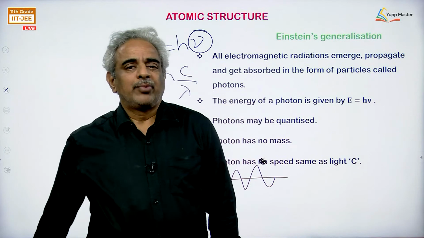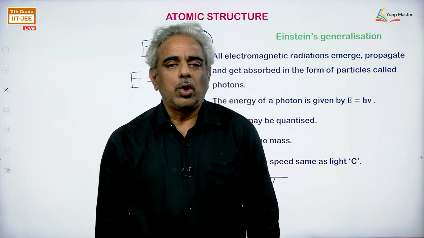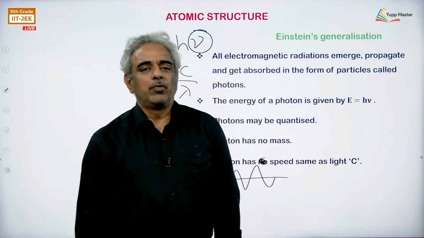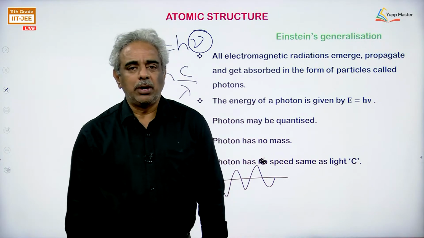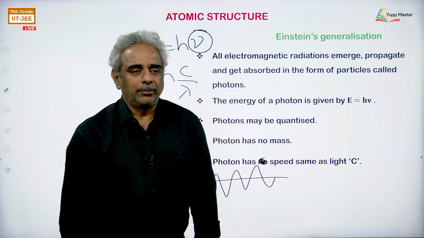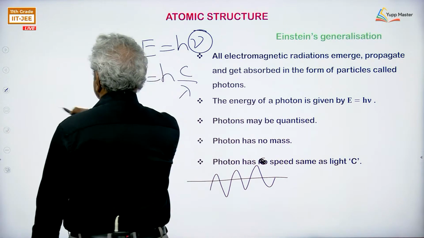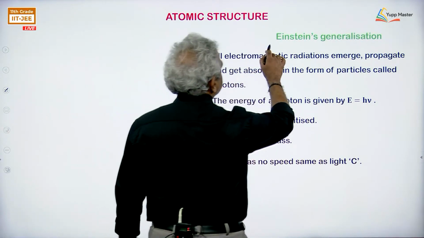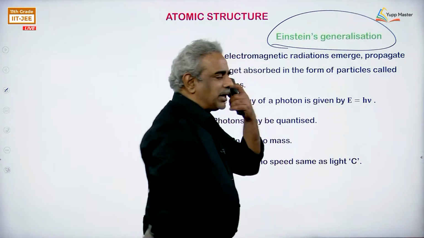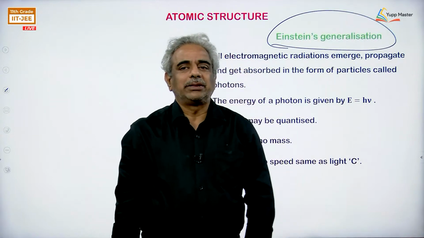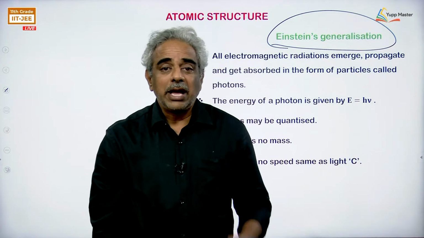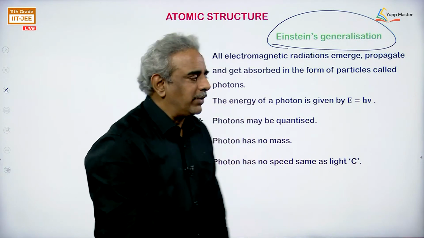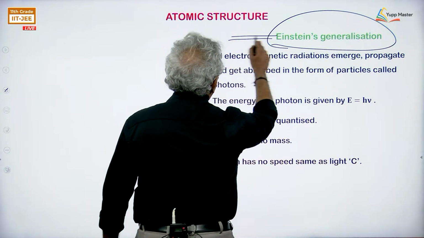That is the great photoelectric effect, which gave Einstein the Nobel laureate honor. So, the photoelectric effect is the evidence. Einstein's generalization is not a simple generalization. He did not just say this like that. He has evidence for it. That evidence is the photoelectric effect.